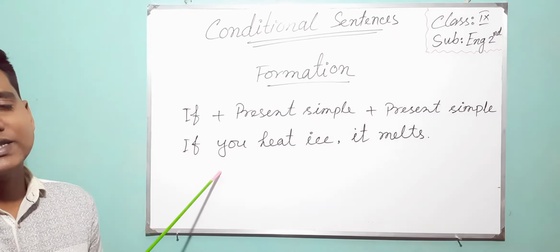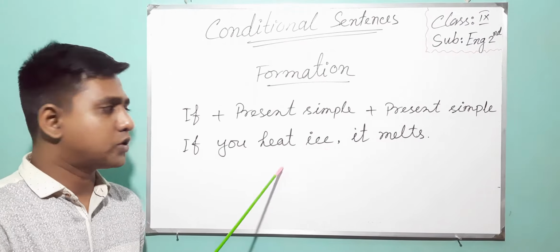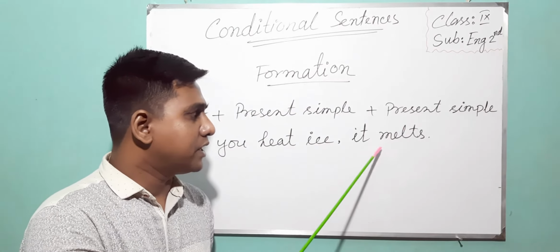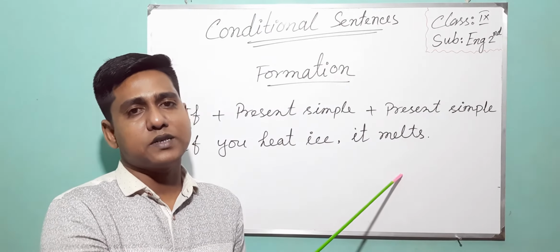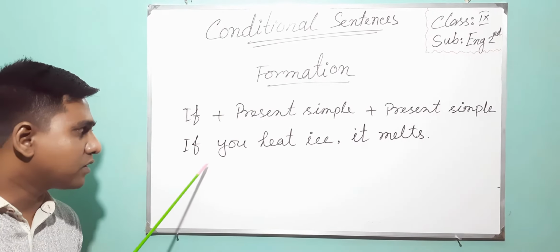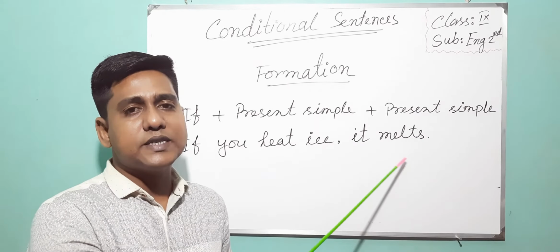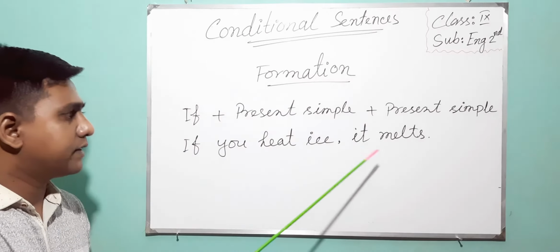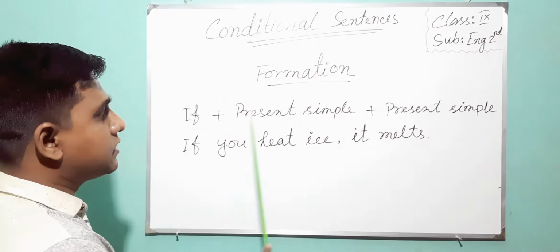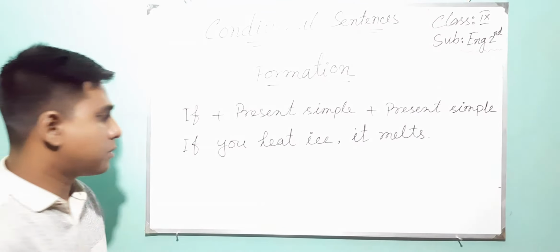Because the if clause is at the beginning, so we must put a comma. And present simple: it melts. This is the present simple tense. The formation of a conditional sentence: if clause, if you heat ice; main clause, it melts. If part, result part. The formation is if, present simple, present simple. Let's check another formation.